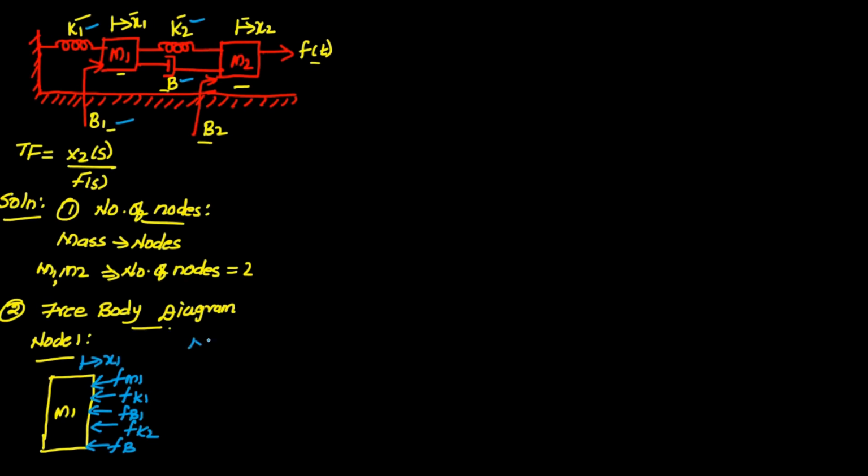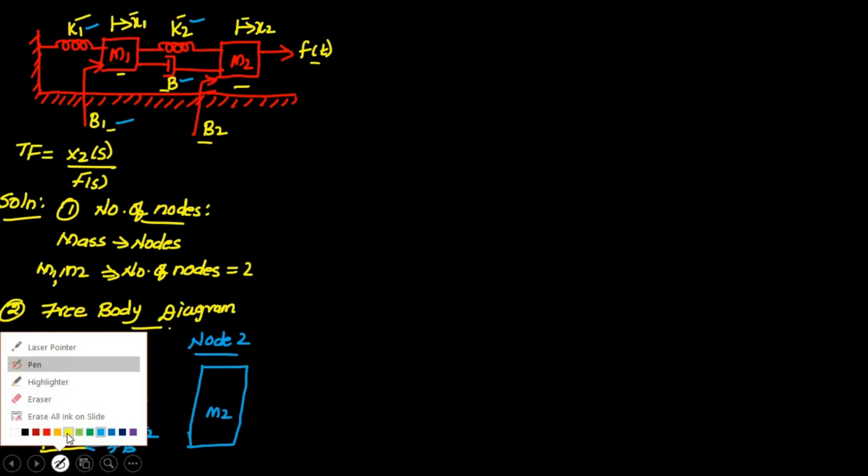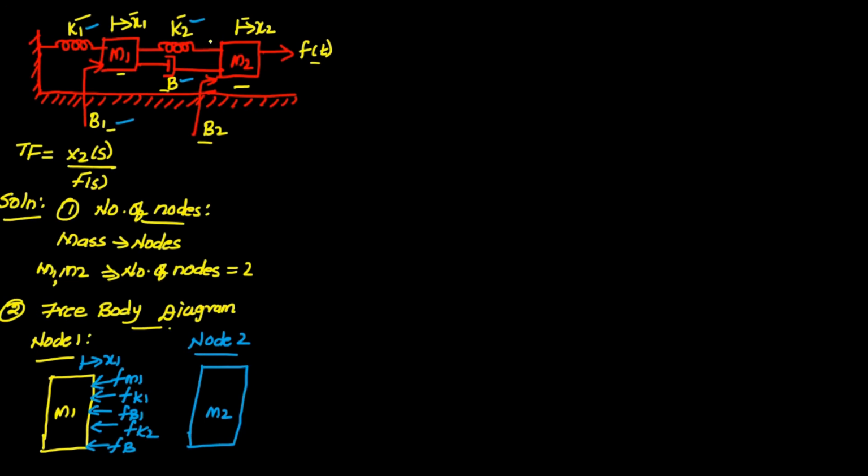Okay. Similarly, for node 2, the free body diagram is given as follows. So node 2 represents mass M2. Okay. So the elements connected to mass M2 are K2, B and B2. The node M2 has an applied force f of t.